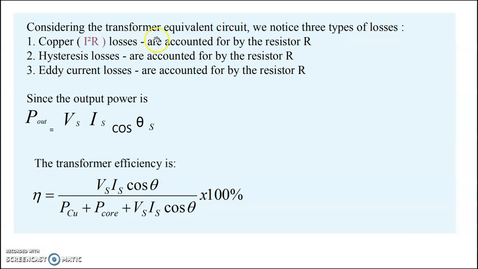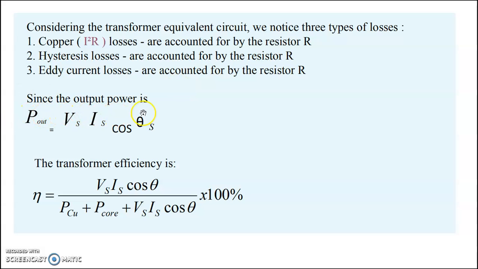Considering the transformer equivalent circuit, we notice that there are three types of losses, which are copper losses, hysteresis losses, and eddy current losses. Copper losses are accounted for by the resistor R_c, while hysteresis losses and eddy current losses are accounted for by the resistor R_c.